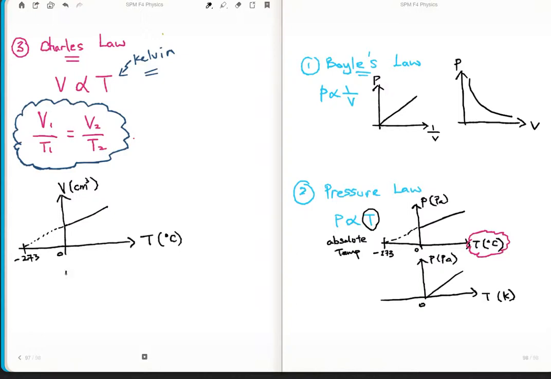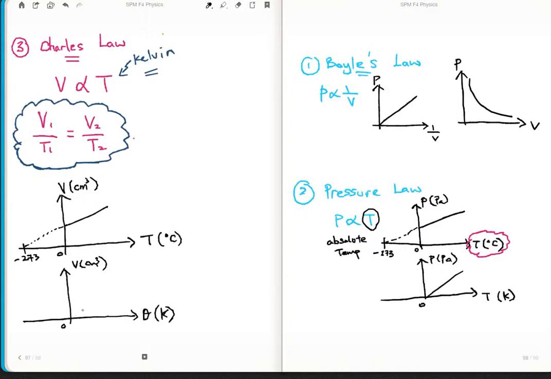When the same axis is given to you, they want to test whether you know it is absolute temperature. Maybe they start to use a symbol like this to frighten you a little bit more. It is Kelvin. What happens? It will be 0.